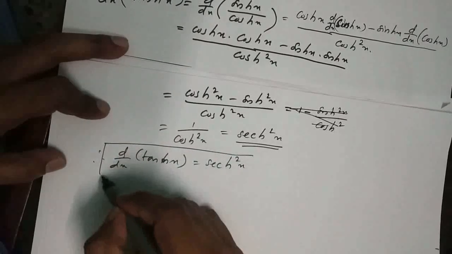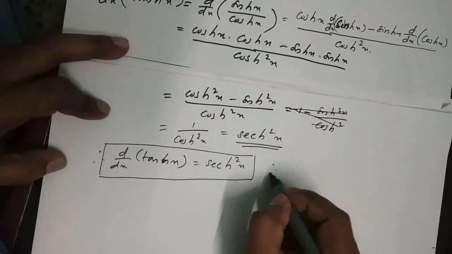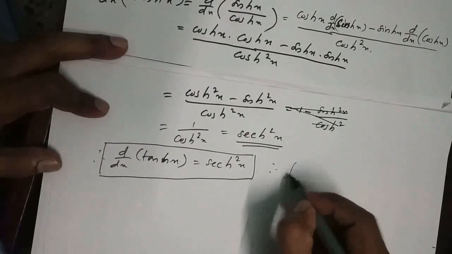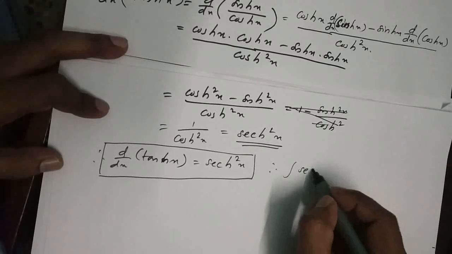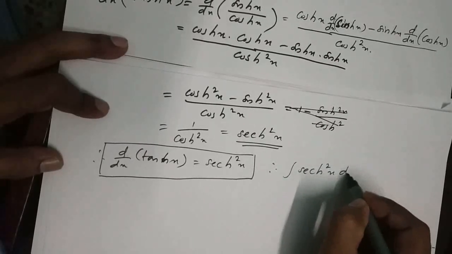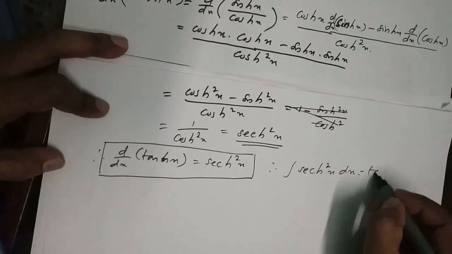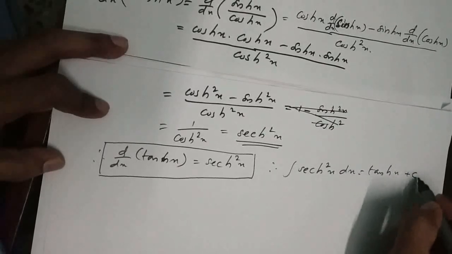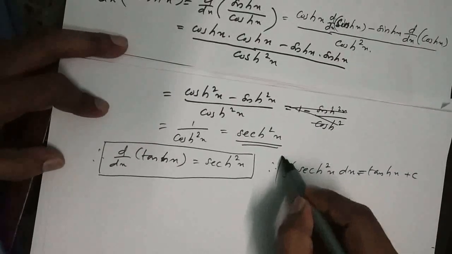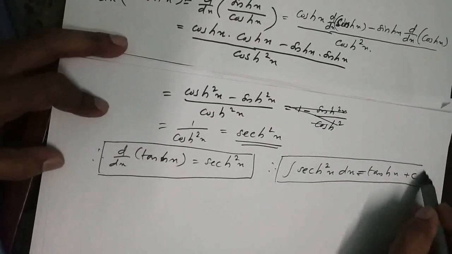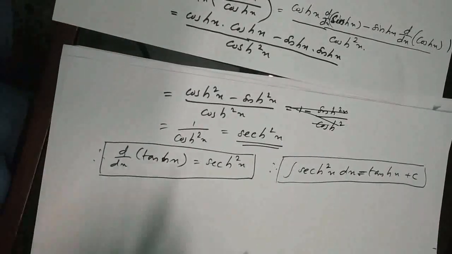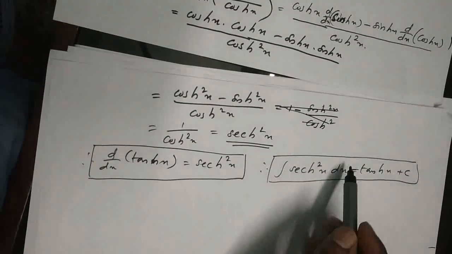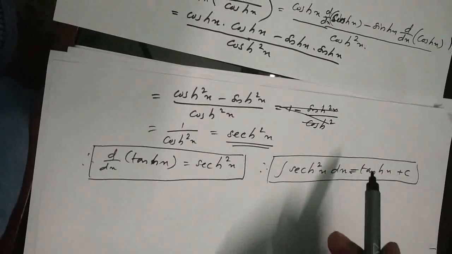Therefore we can say that the integral of, or antiderivative of, sech square x dx is equal to tanh x plus c. The integral of sech square, not sec x, the integral of sech square x is equal to tanh x plus c.